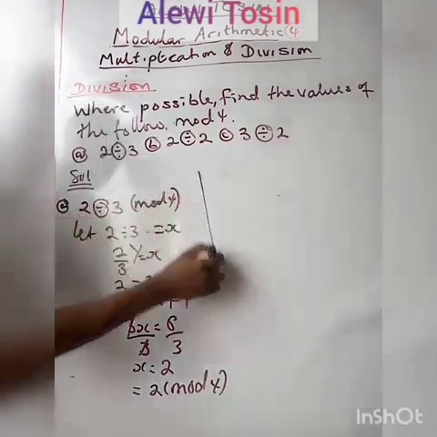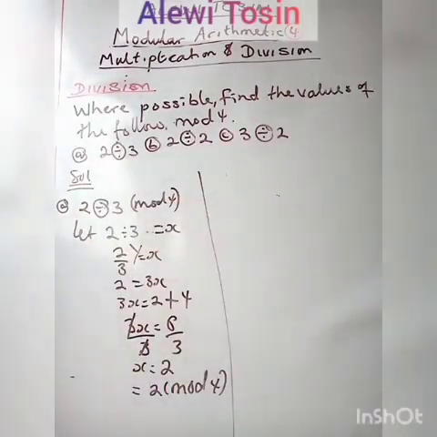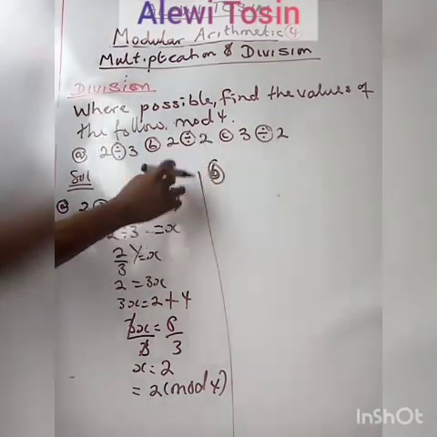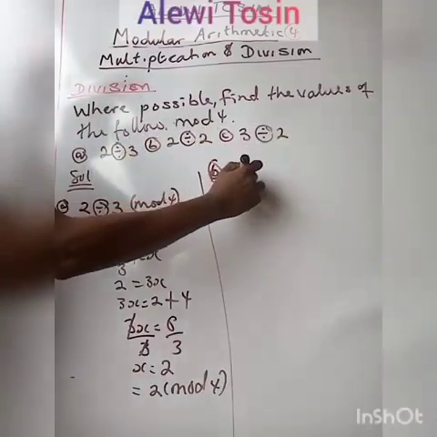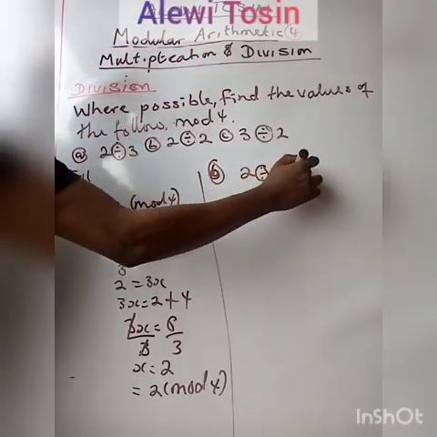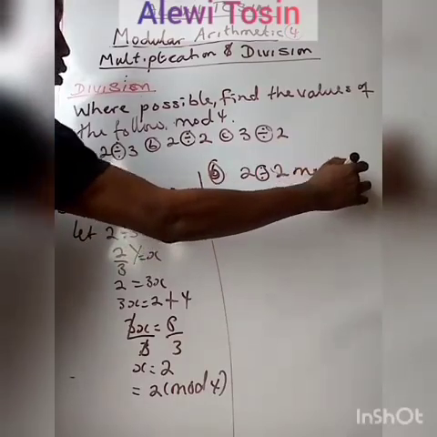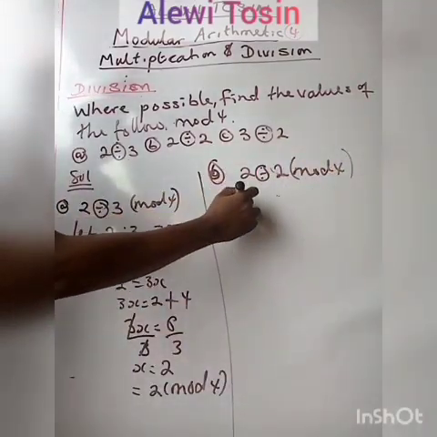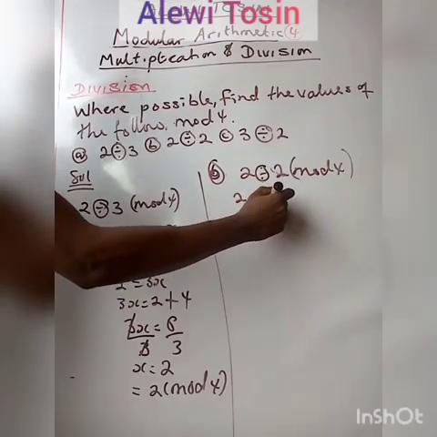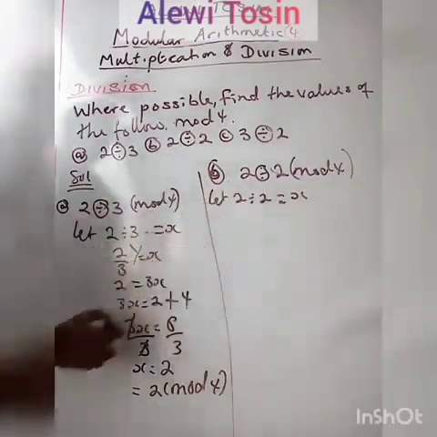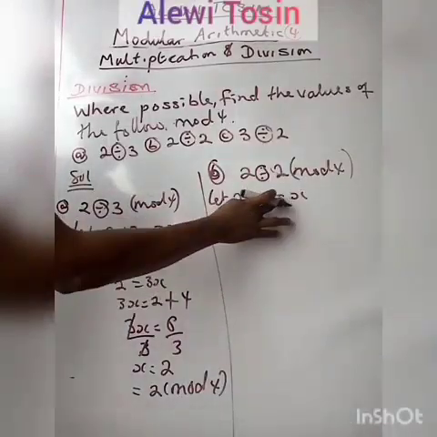Now, for this next one, we follow the same pattern again: 2 divided by 2, still in mod 4. Let 2 divided by 2 be equal to x.